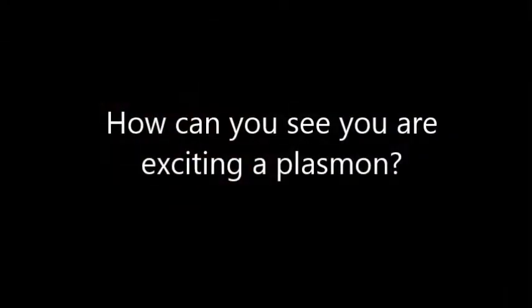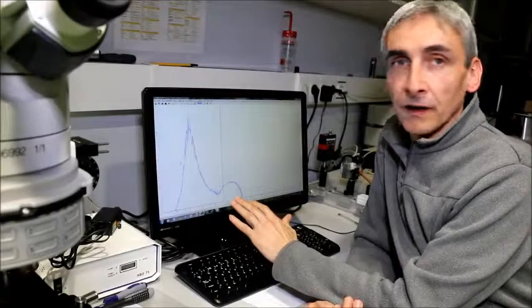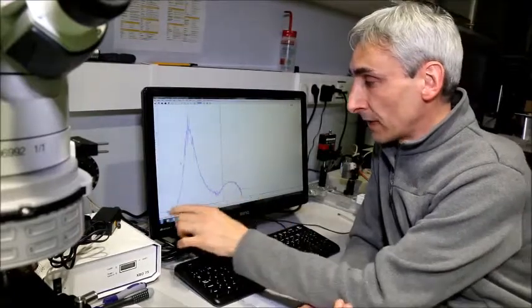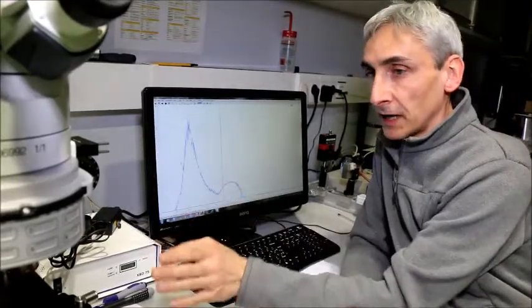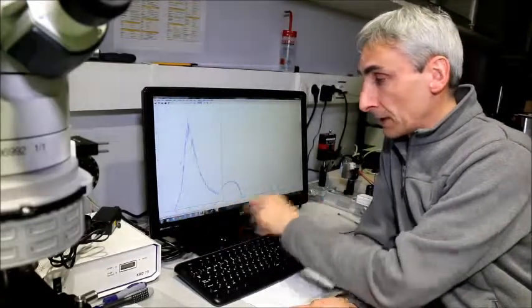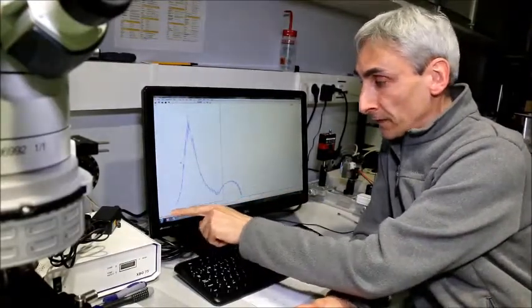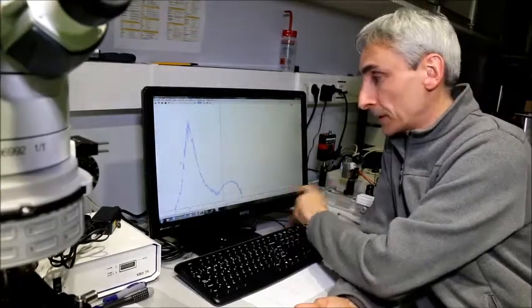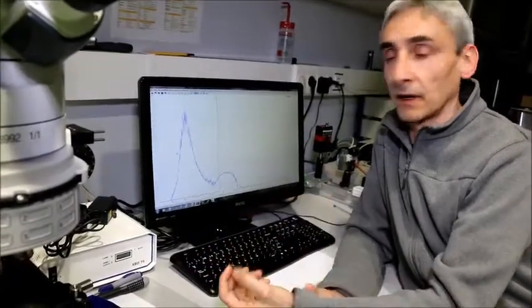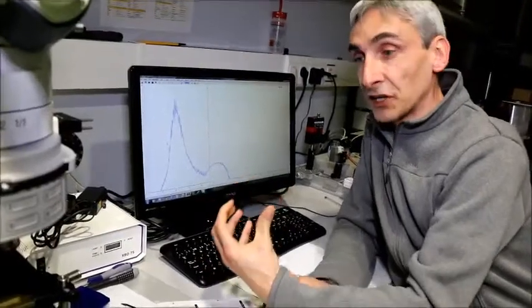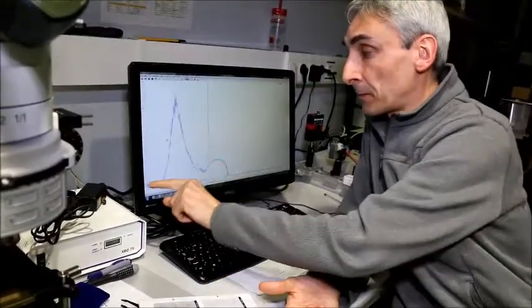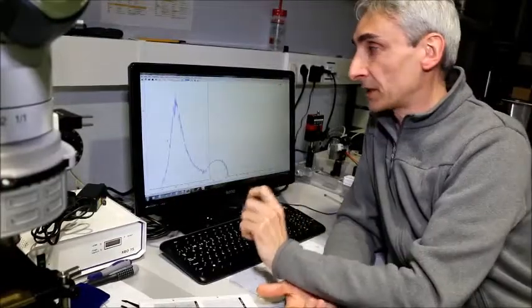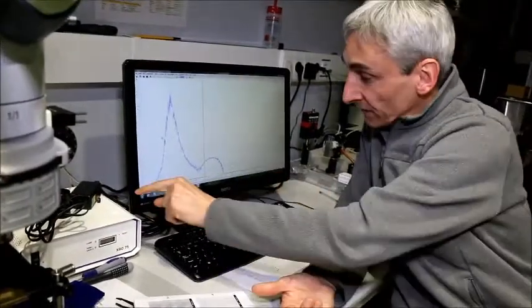So what we are measuring here is a reflectivity spectrum, so the signal being reflected by the sample as a function of wavelength. We go from the 400 nanometers of the visible range to the infrared, going up to here. And if you are exciting a collective resonance in your nanostructure, you should see the signature of such an excitation with the appearance of a very sharp, intense peak at a certain wavelength, which is the case here.